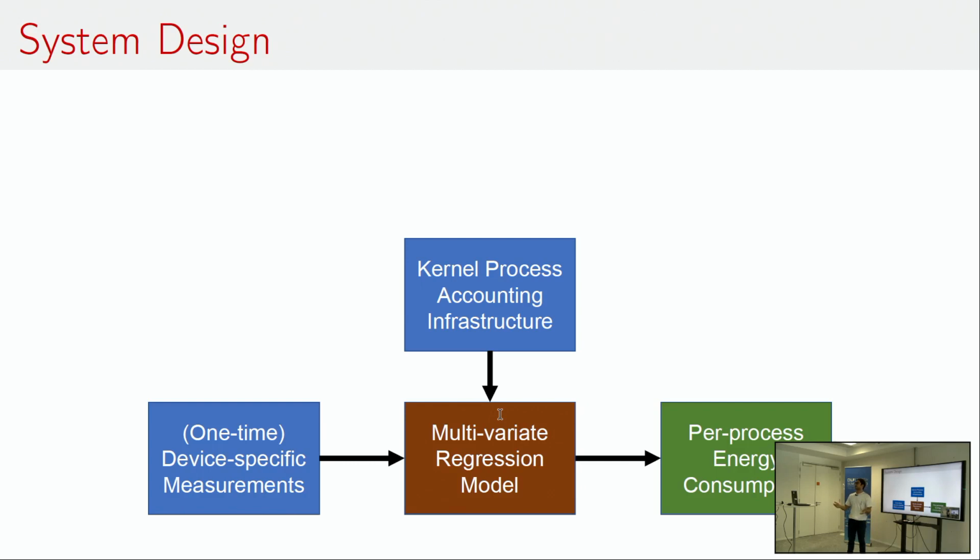When people say machine learning, why don't you say neural networks? Or why don't you say some large model? Because of the load. We want to minimize the load on the system while this is running, because this is going to induce a constant load on your system. To minimize that load is the reason why we picked a multivariate regression model.